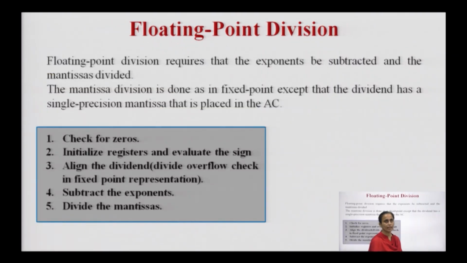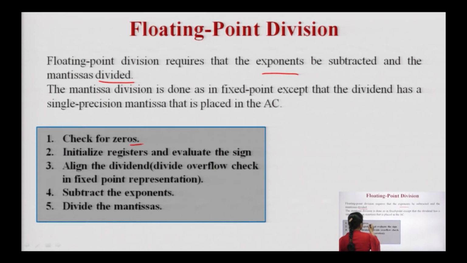Next is floating point division. As the name suggests, we have to perform the division upon floating point numbers. The mantissas will be divided here just like we did the division for fixed point numbers, and the exponents will be subtracted.